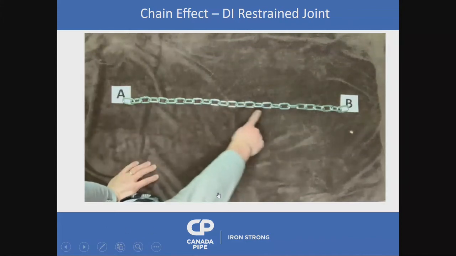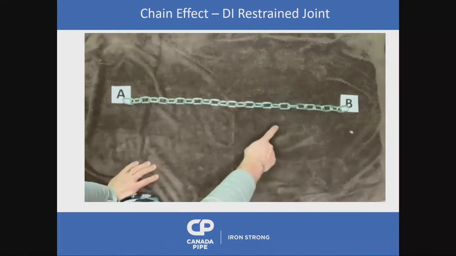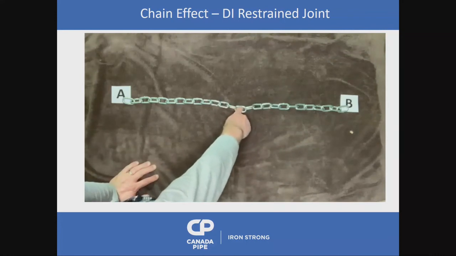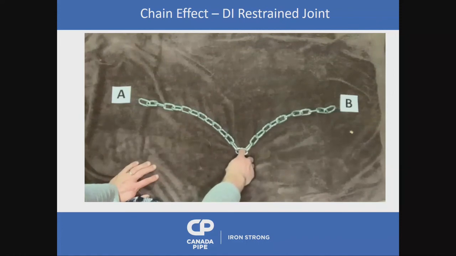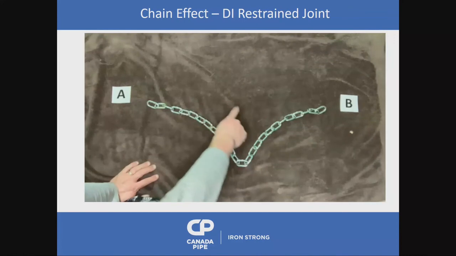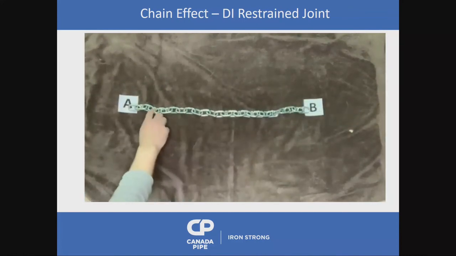So this is a regular pipe where there's no joint flexibility, and let's pretend A is a hydrant and B is a fitting. So when there's ground deformation, you're getting it pulled away from the hydrant and the fitting, and you have a leak. The pipe may be together, but what it's attached to is not.